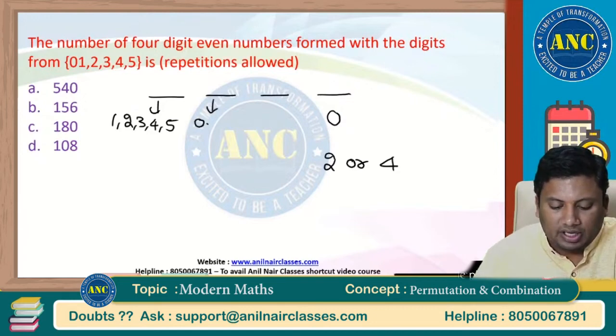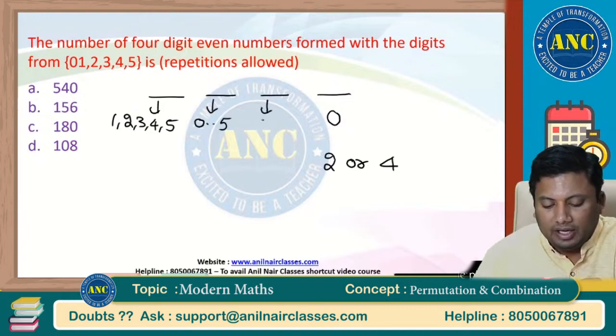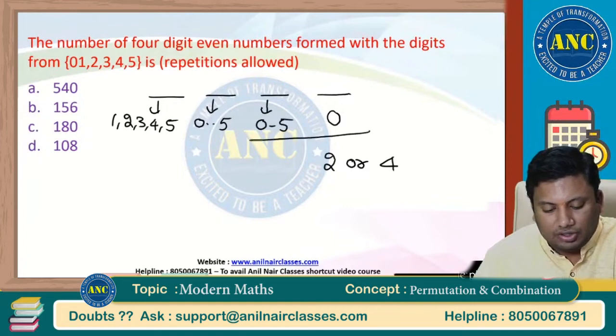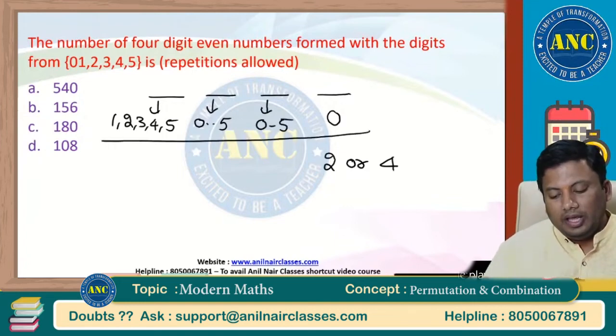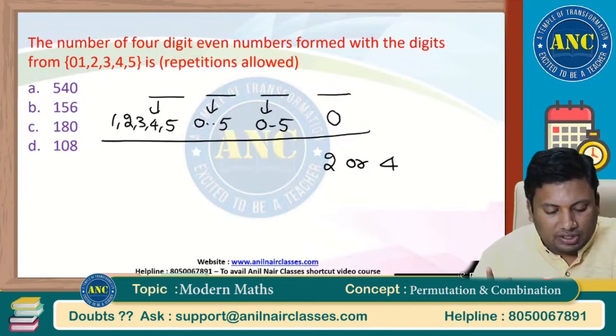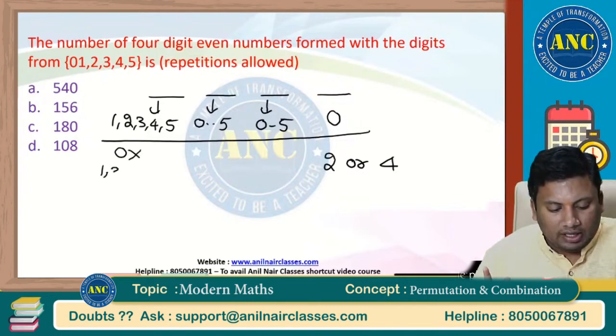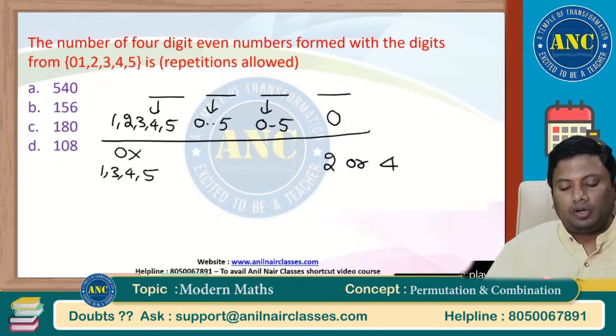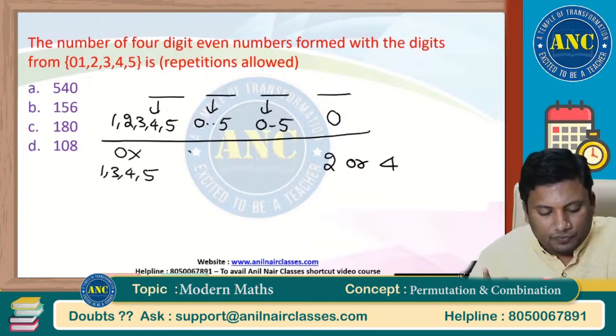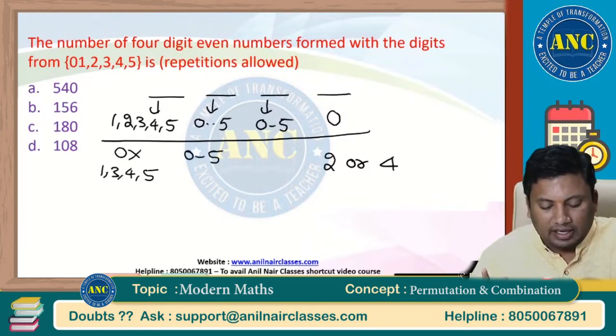Here the repetition is allowed, 0 to 5. If it is 2, here 0 cannot come. Here 1 can come, 3 can come, 4 can come, 5 can come. Here from 0 to 5 can come.